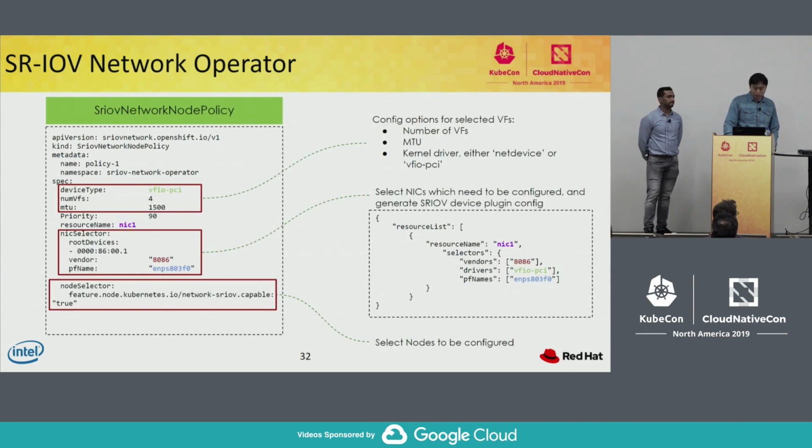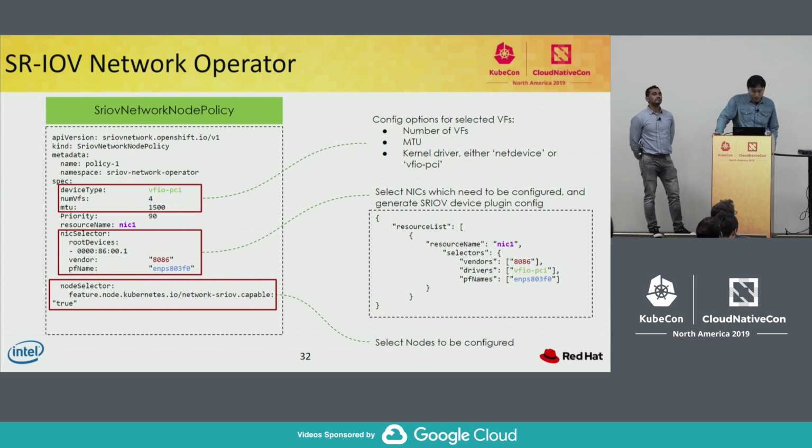and also aligned with the resource name we can see in the node information. The second custom resource definition is the SR-IOV network node policy, where you specify which node you would like to configure your SR-IOV devices on. In this node, there might be several SR-IOV capable devices, so you select for which devices you would like to configure the virtual function, and you can configure the MTU for the virtual function.